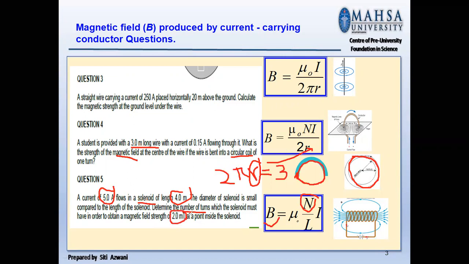Don't forget to convert to tesla, the SI unit for magnetic field B. So from this question, you need to know how to differentiate the type of your current carrying conductor, and then use the correct formula for each type.